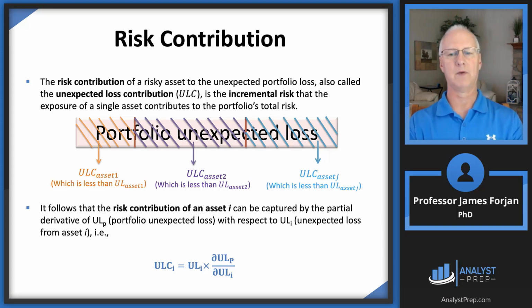And that's what that bottom equation looks like down there. The unexpected loss contribution of loan I is the unexpected loss of loan I times a partial derivative. So think of that as the sensitivities of changes in loan I versus the entire portfolio.